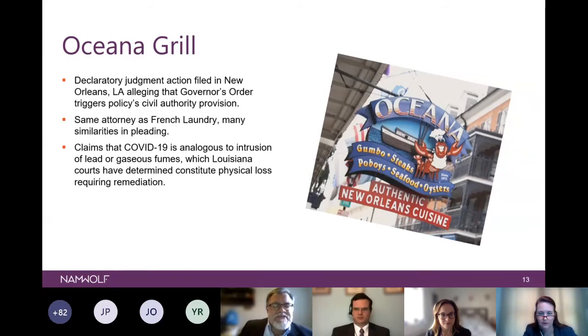Seeing that a somewhat analogous broad environmental exclusion was held not to apply gives a claimant a possibility to argue that a viral exclusion won't apply here either, or that, in the absence of a viral exclusion, the presence of a virus will be held to constitute physical damage to property.